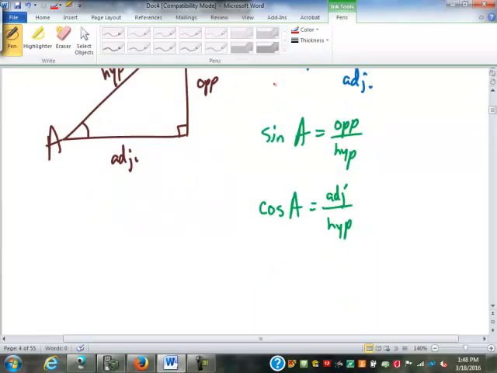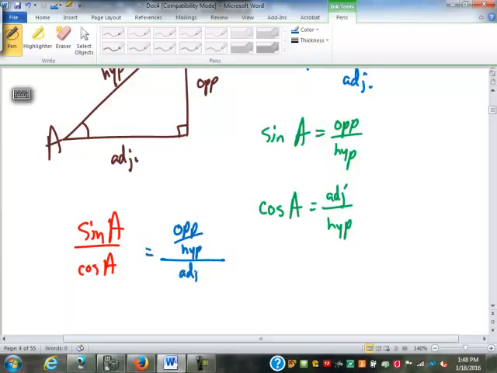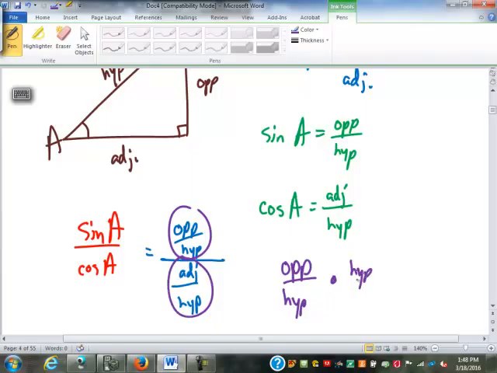What if I did the sine of angle A divided by the cosine of angle A? That would be opposite over hypotenuse divided by adjacent over hypotenuse. How do I divide fractions? I do the reciprocal and multiply. The top number is going to stay the same, but then I'm going to take the reciprocal of this one, so it'll be hypotenuse over adjacent.